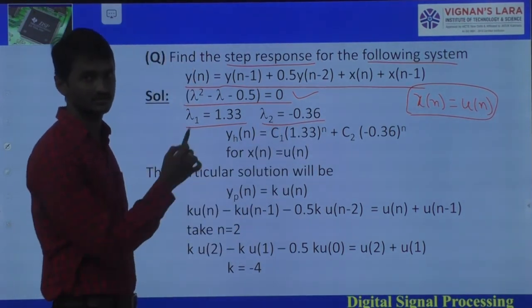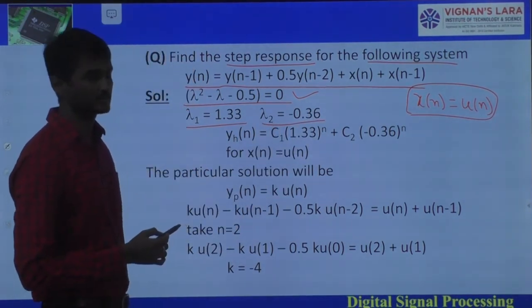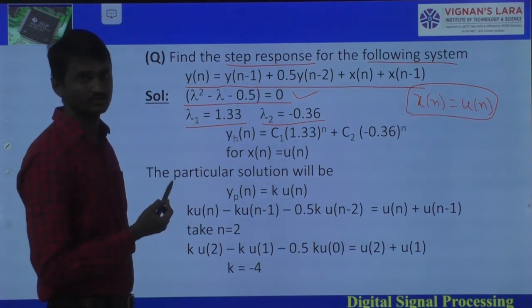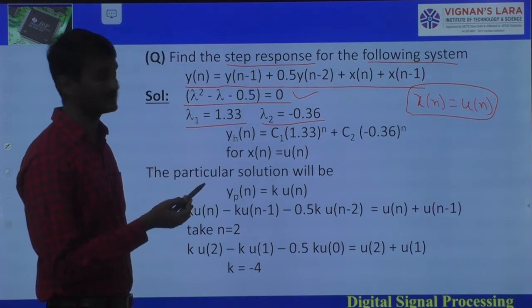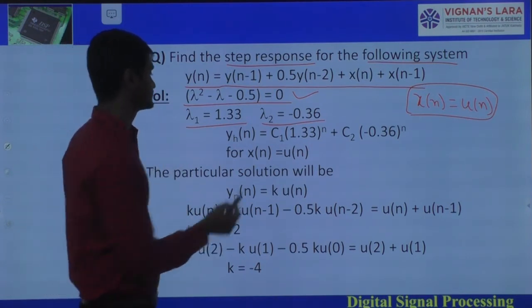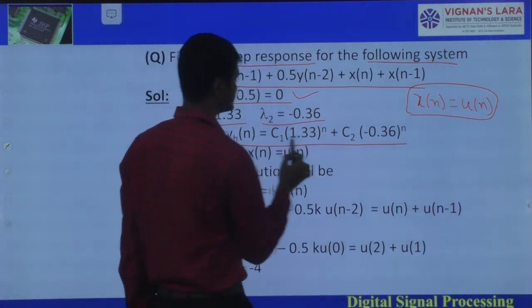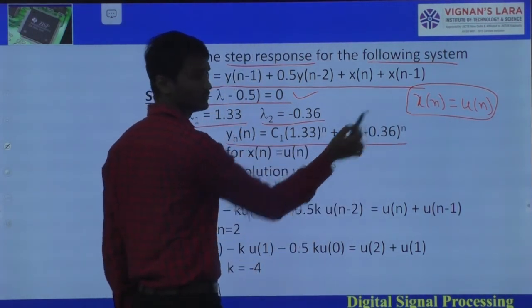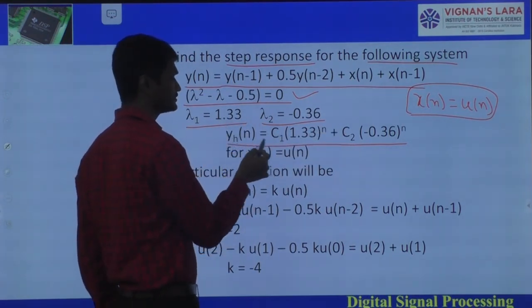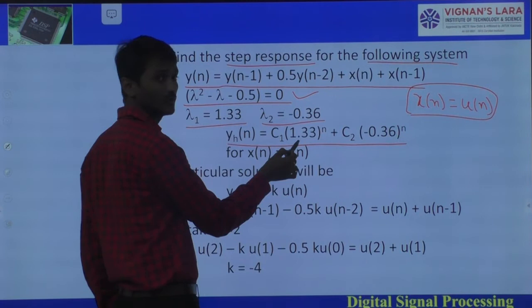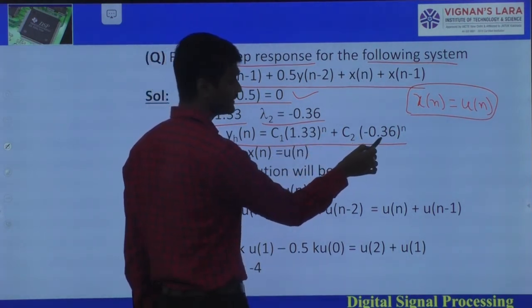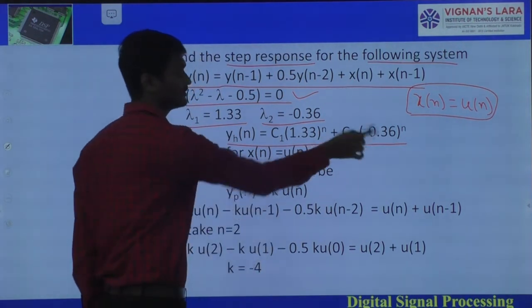After finding the roots, we have to check whether they are distinct or repeated roots. Here the roots are distinct, so the homogeneous solution will be C1 lambda 1 power n plus C2 lambda 2 power n, that is, C1 into 1.33 whole power n plus C2 into minus 0.36 whole power n.